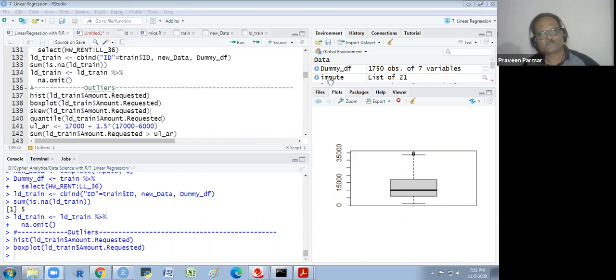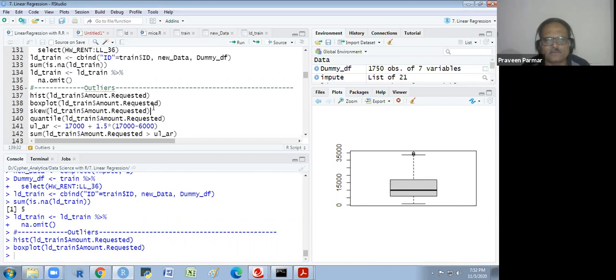Now, I also see the skewness of this. When we do this sort of analysis, we have to look at many things. First we saw the histogram, then the box plot.